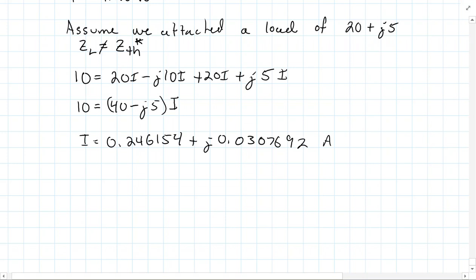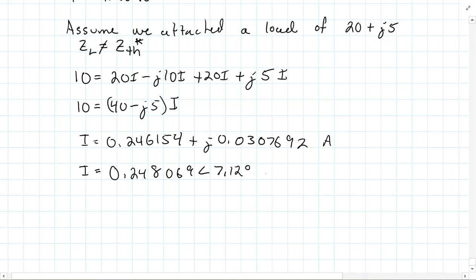Now I'm going to go ahead and convert that to polar. If I can remember how to use my calculator here, we get 0.248 at an angle of 7.12 degrees.